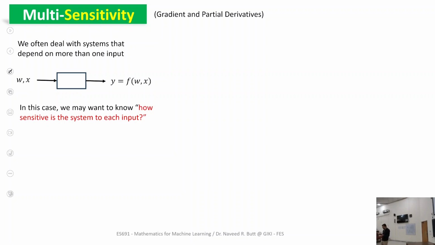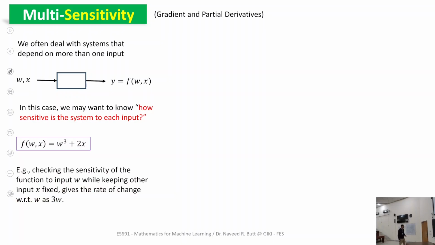But in general what we are dealing with are systems that depend on multiple variables, and I may want to know, okay, how sensitive is the output to each input, for example here, right.